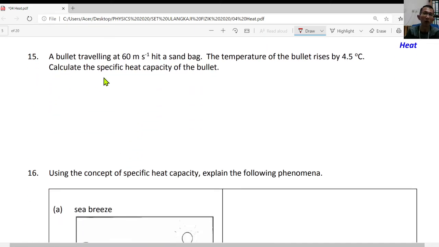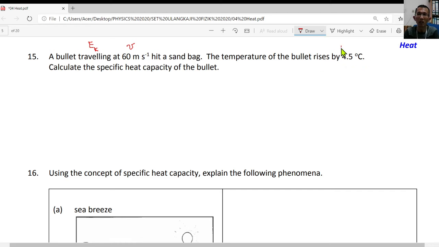Now I have a bullet traveling. So it signals kinetic energy. For kinetic energy, I'm going to use notation E sub k. We are given the speed of the bullet, 60 meters per second. The temperature of the bullet rises by 4.5 degrees Celsius.